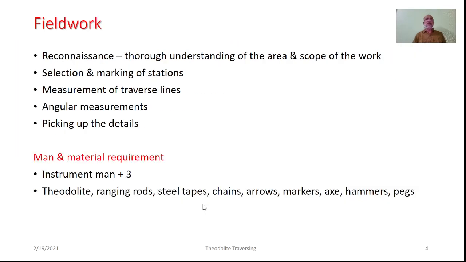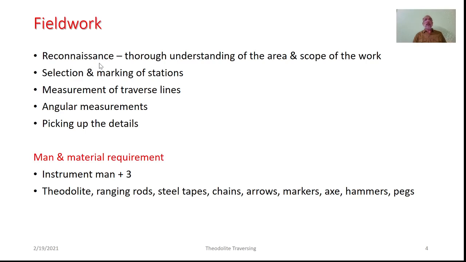As far as theodolite traversing is concerned, the total fieldwork involved can be categorized under these headings. Firstly, reconnaissance. While discussing chain traversing as well as compass traversing, we have already discussed this term.